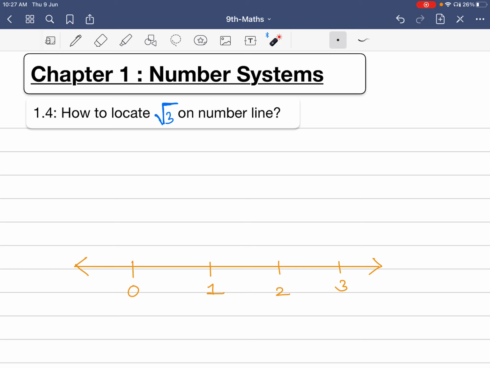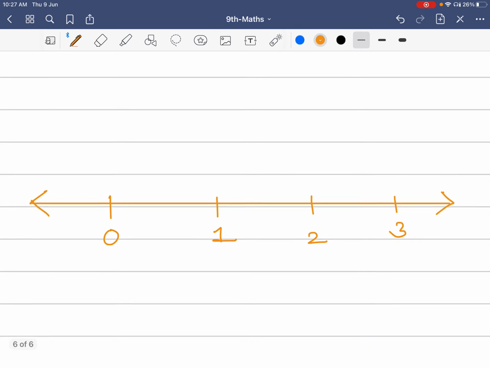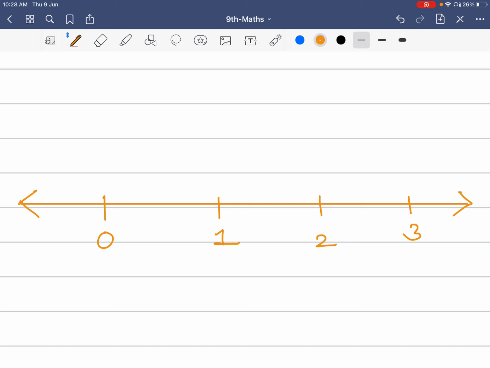First we follow the same procedure that we did to locate root 2 on the number line. Let me zoom in. What we did for root 2 was, this was our line of length 1. Let us label it. This is our point A and this is our point B, which is of length 1.